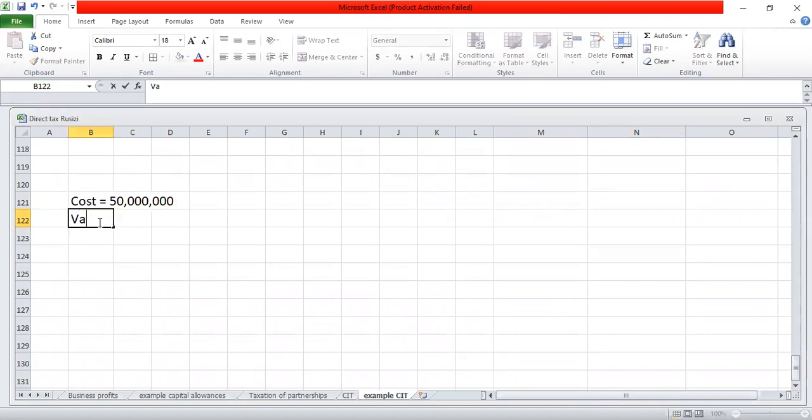Value of the part disposed is 12 million.